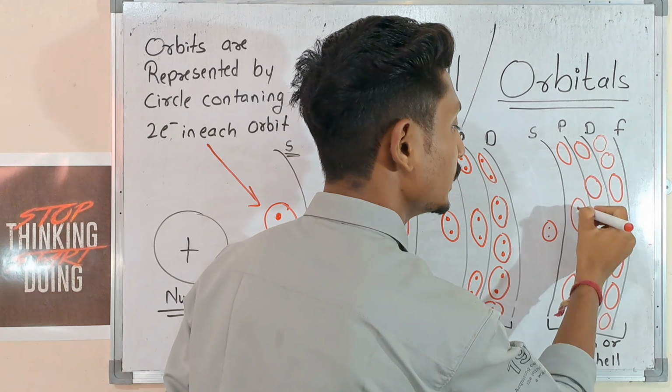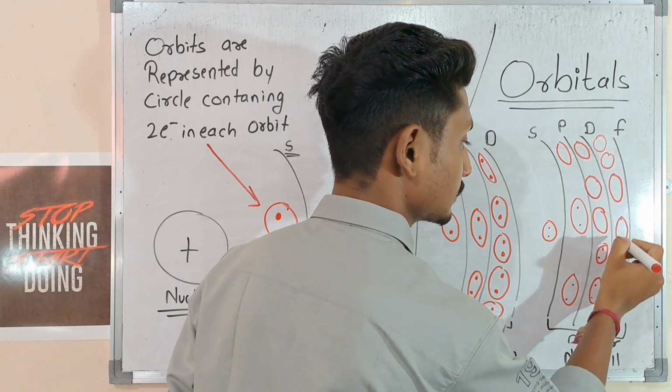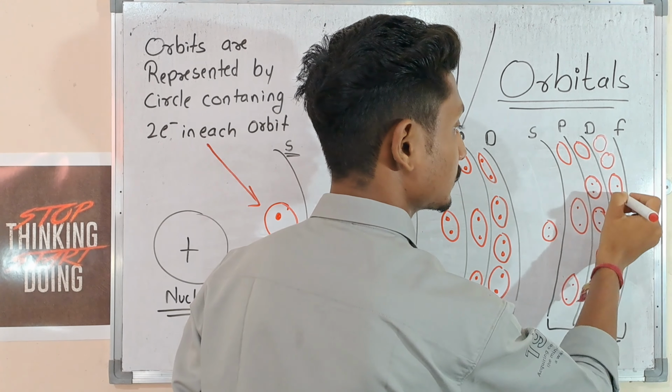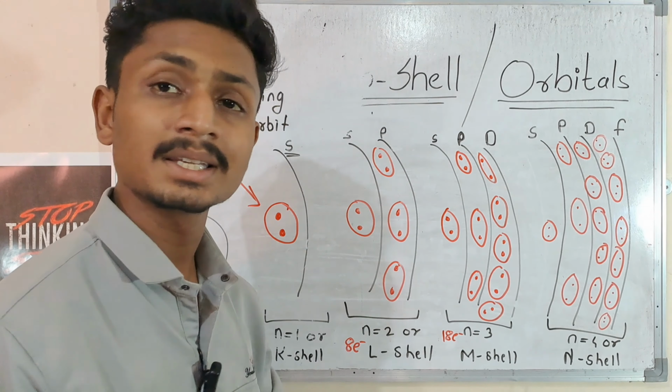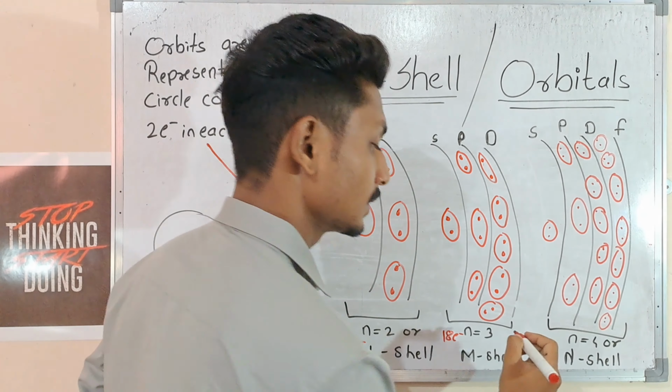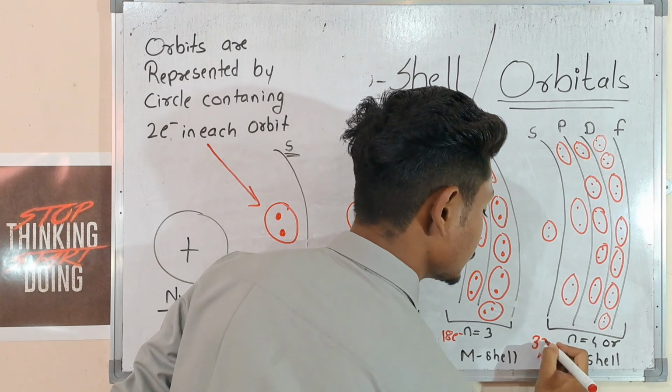Each orbit contains two electrons. Means that the N shell contains 32 electrons.